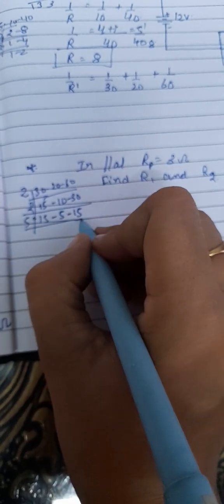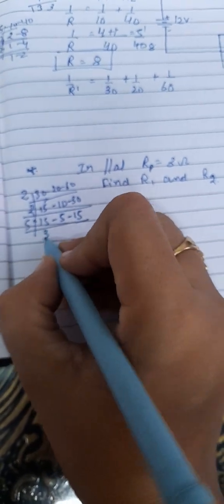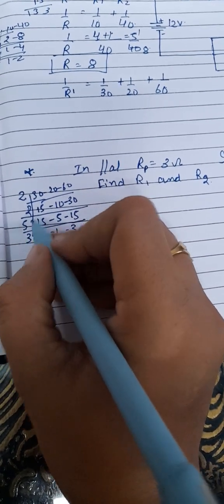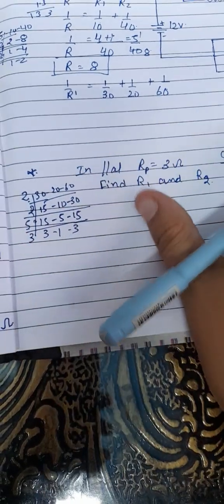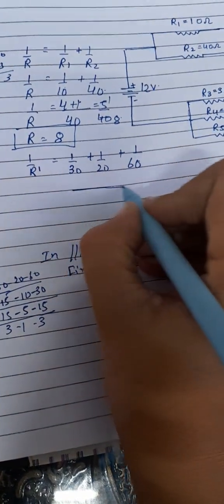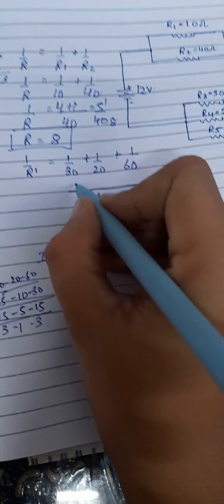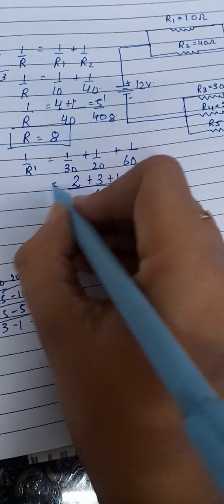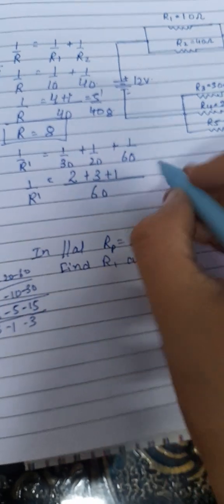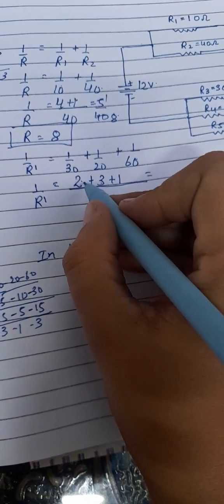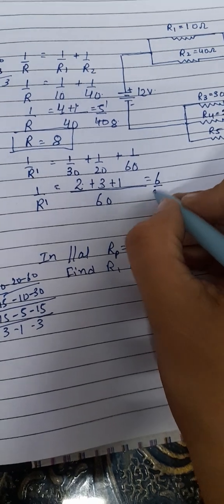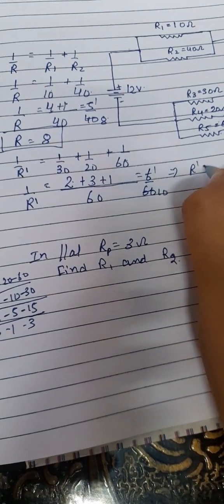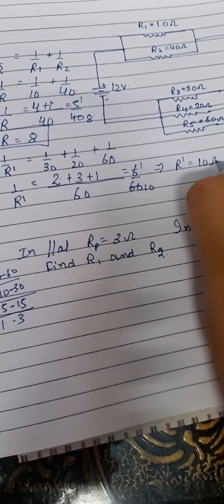Again 5, giving 1, 3. Next 3. 5 3s are 15, 15 2s are 30, 30 2s are 60. Now the LCM is 60. This becomes 2, 3, 1. This is equal to 1 by R dash. This becomes 3 plus 2 plus 1, that is 6 over 60. That is 1 by 10. Taking the reciprocal, R dash equals 10 ohm.